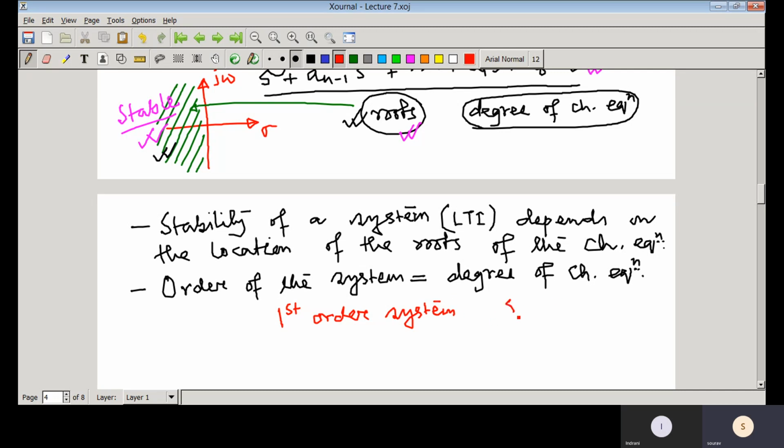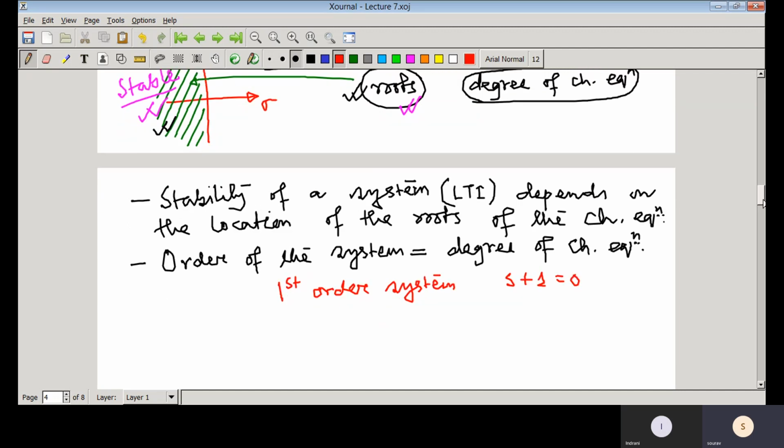For example, for a first order system, the characteristic equation is, say, s + 1 = 0.